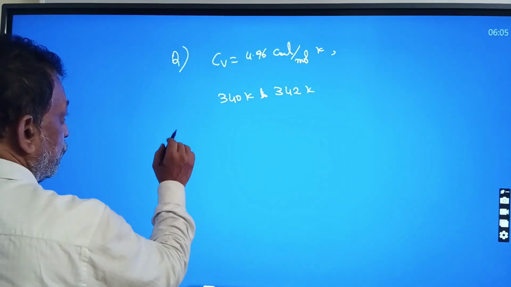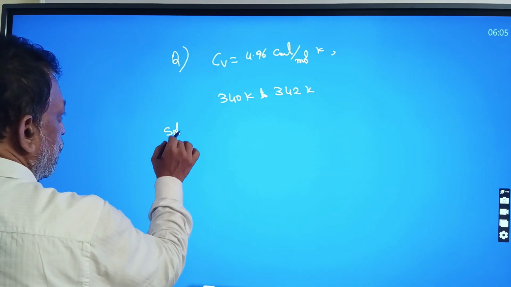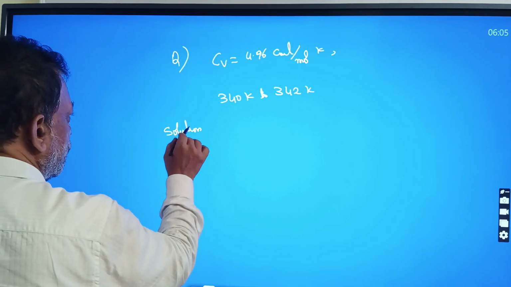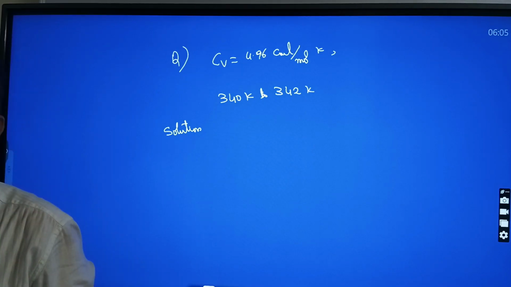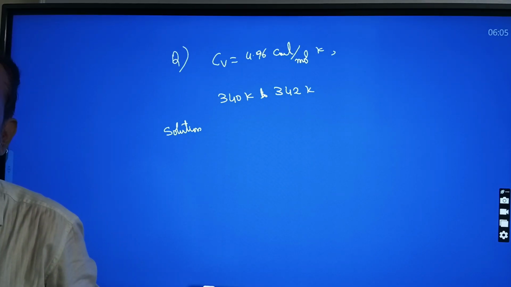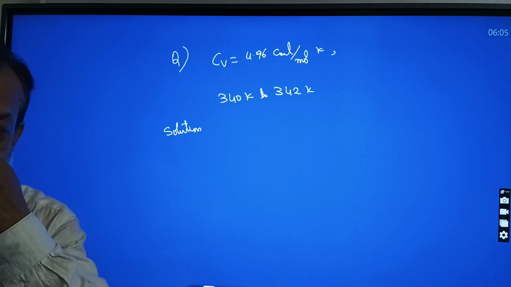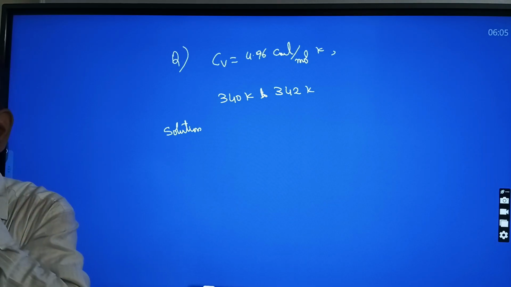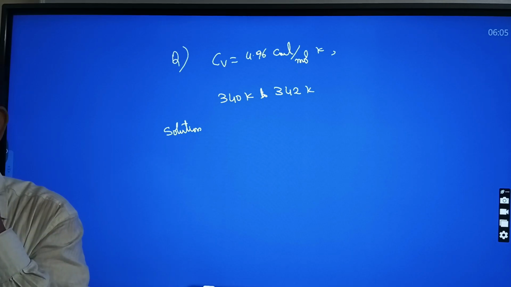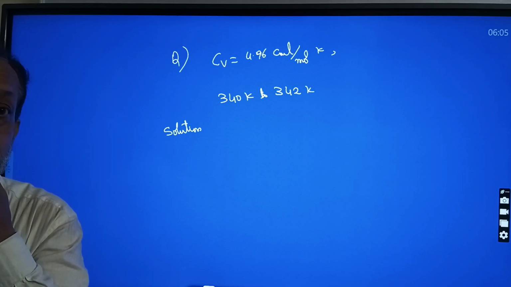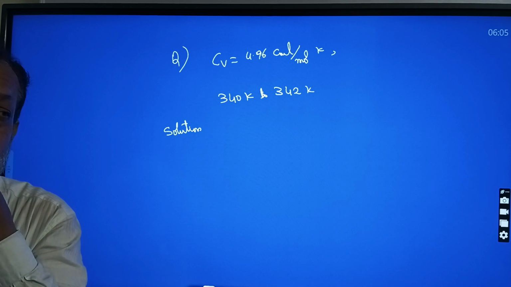Okay, right. So what is it asking? Here in the problem, what is CV? It is the specific heat of a gas at constant volume. CV is at constant volume and CP is at constant pressure.